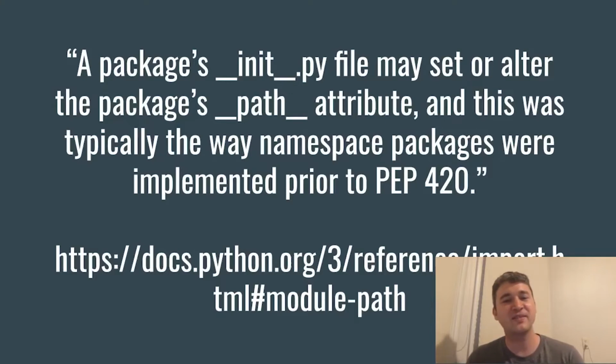The __init__.py can set or alter the __path__ attribute, which I mentioned earlier. This is how people did namespace packages before PEP 420, sorry. So what does this look like exactly, and how could we use it even after namespace packages already exist?